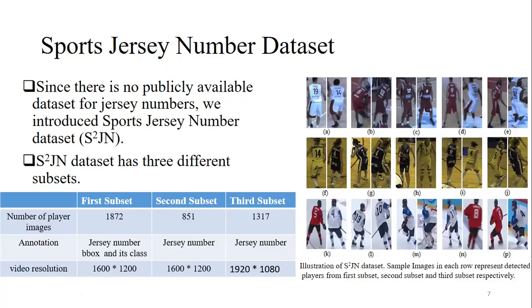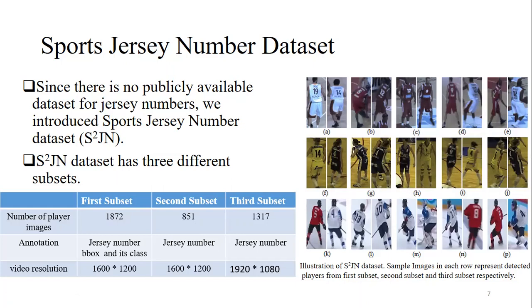In the second subset, the number of player images is 85,151, extracted from 1-minute video clips sampled at 5 frames per second, but in a different basketball arena.